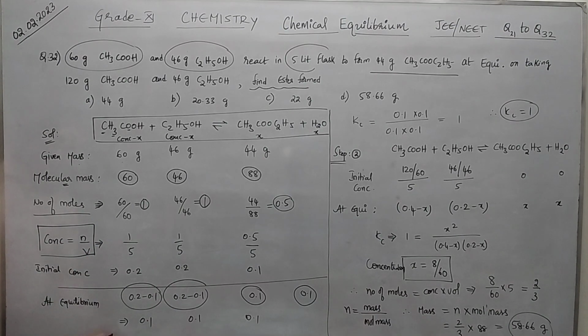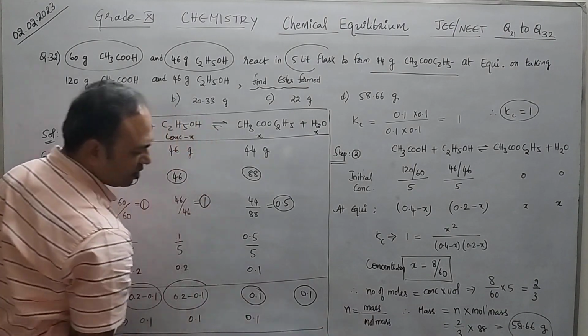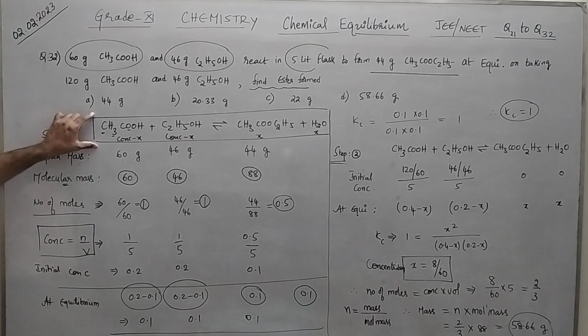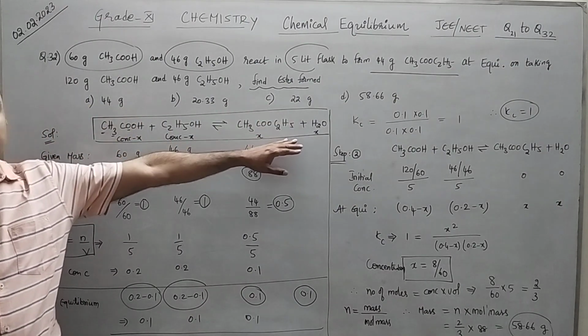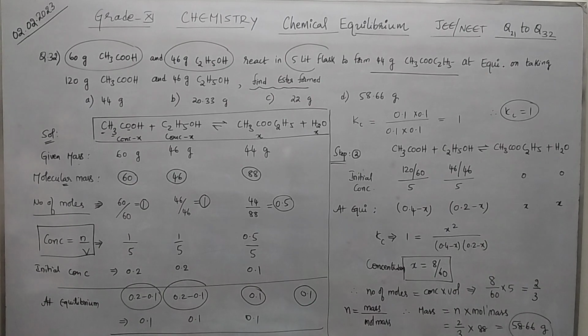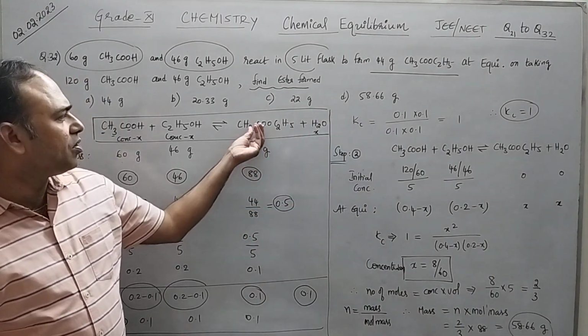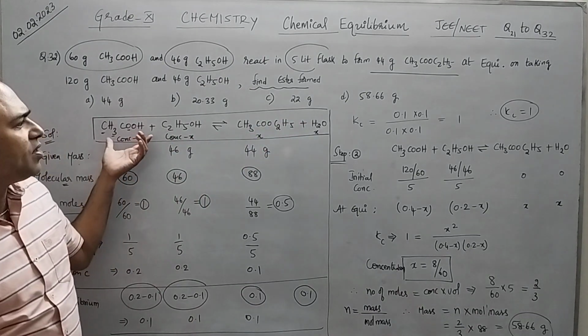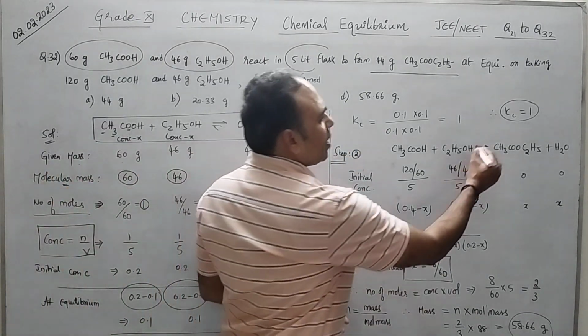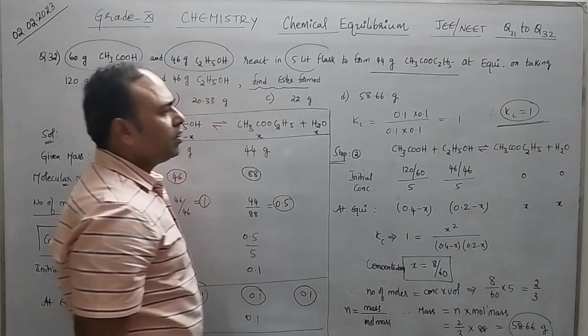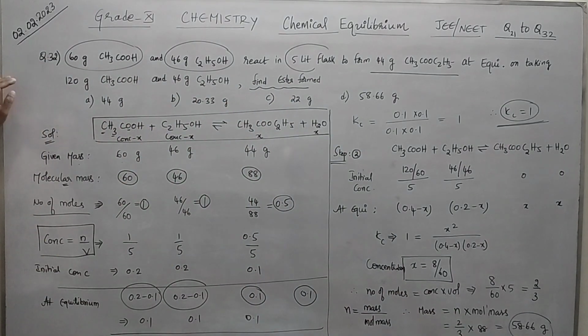So finally, at equilibrium, you get the concentration of acetic acid, alcohol and the products. Substitute that in the formula of Kc. What is Kc? The concentration of the products by the concentration of the reactants. So finally, you got the Kc value as 1. So step 1: find the equilibrium constant with the given mass.